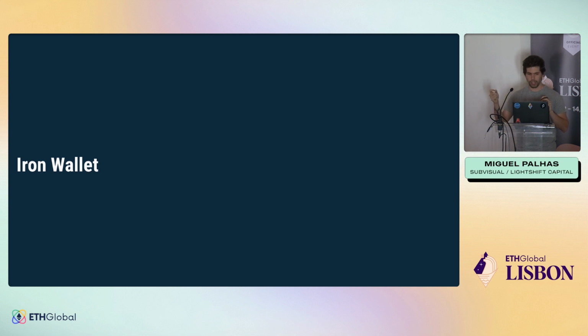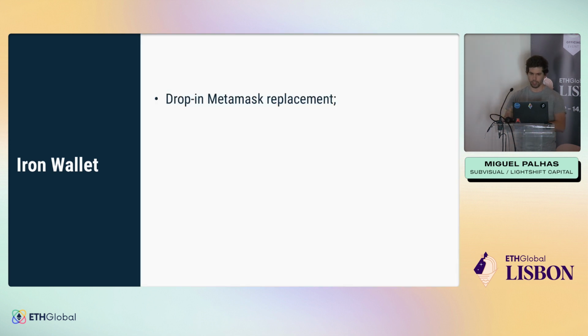As I was learning how MetaMask was working, that communication between the tabs and the extension and so on, I noticed a few other things that could be improved, at least for developers. That's the thing I'm focusing on right now, making the development experience a lot better. But there are some things that, at least in theory, could be useful for users as well. So what's this Iron Wallet?